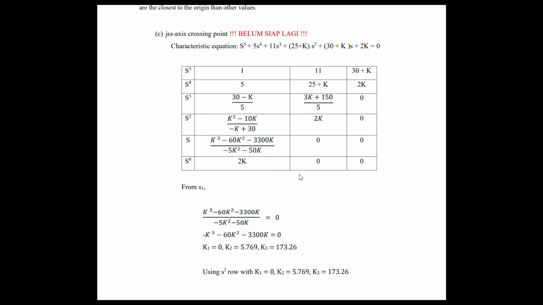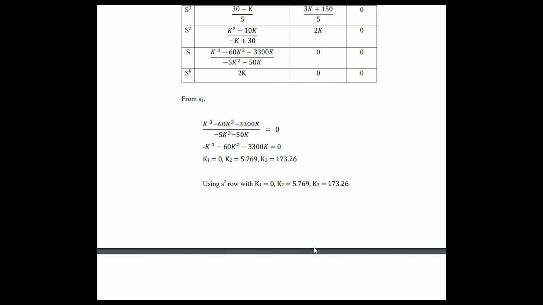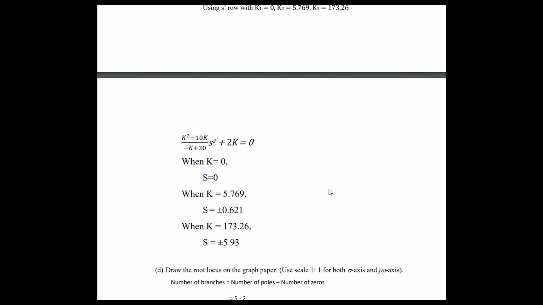So for the S1 row, we get K1 equals 0, K2 equals 5.769 and K3 equals 170.26. When K equals 0, S equals 0. When K equals 5.769, S equals plus or minus 0.621. And lastly, when K equals 170.26, S equals plus or minus 5.93.